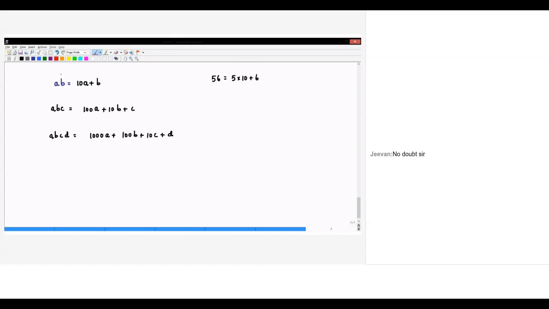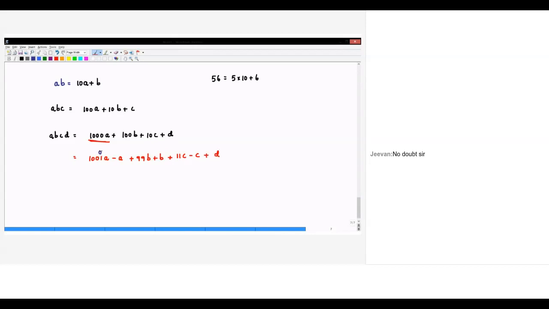See this. I know 1001 is divisible by 11. Therefore, I'll take 1001A minus A. I've added 1A and I've subtracted 1A. We know 99 is divisible by 11. Therefore, 99B plus B. 11C is divisible by 11. Therefore, 11C minus C plus D. Now, what are all divisible by 11?